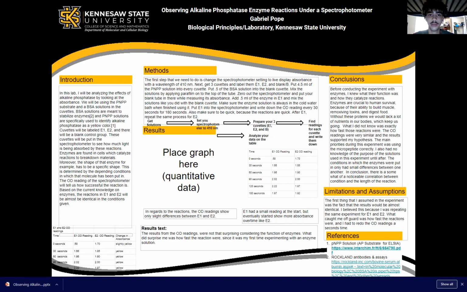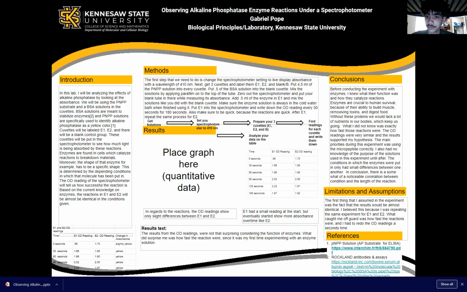Without enzymes, we wouldn't have those fast reactions to provide us with the nutrients we need. I didn't really realize how quickly the enzymes would react to the solutions.